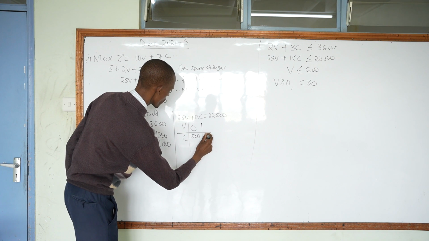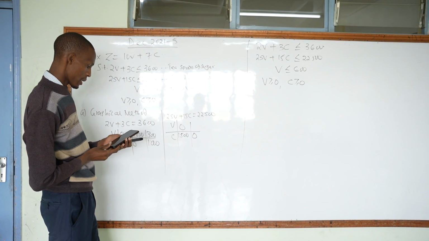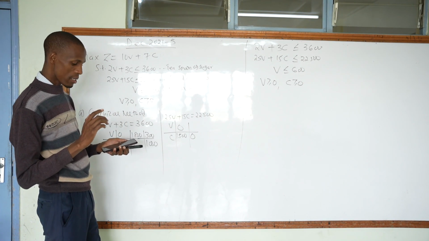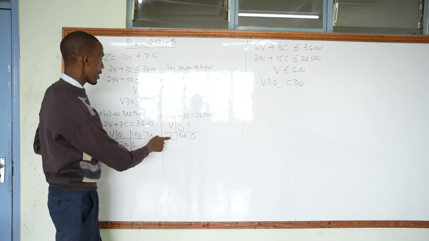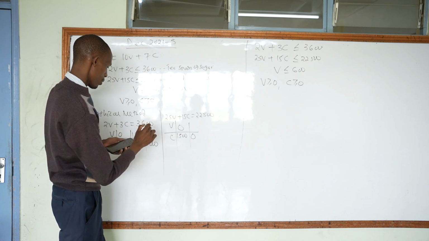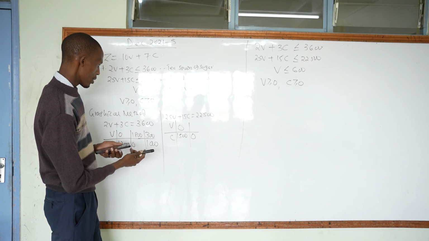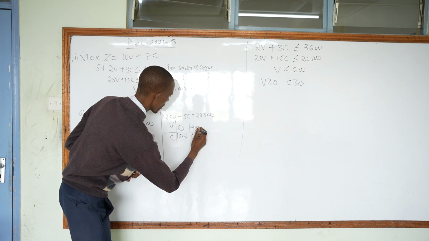When C is 0, what is V? That one we can probably use the calculator to see. You just need 3 points when you are counting this. So when C is 0, 22,500 divided by 25, you get 900.